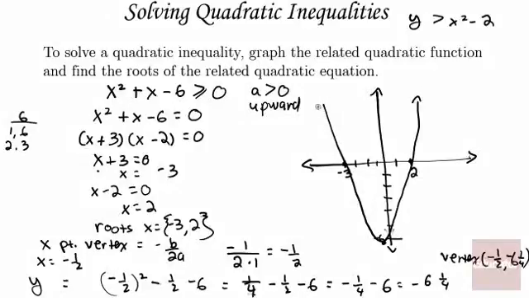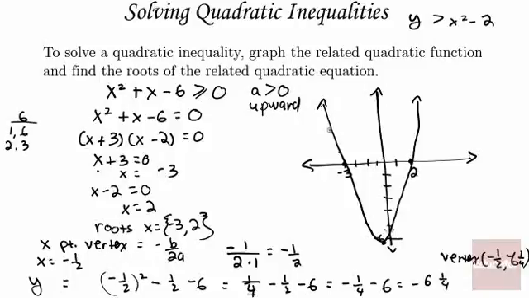Now, what we're looking for, if we go back and think about this, is times when f of x, or when y, is greater than or equal to 0. I can use a test point, or I can just use logic. I can look and see that at these x-intercepts, this is where y equals 0. Y equals 0 right here at x is negative 3, and y equals 0 at x is 2.